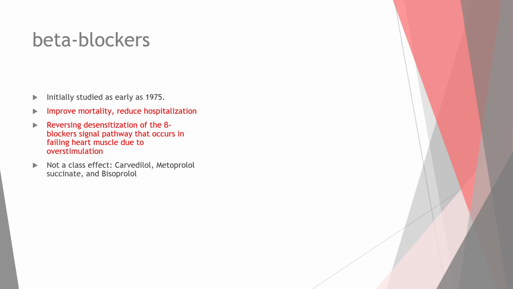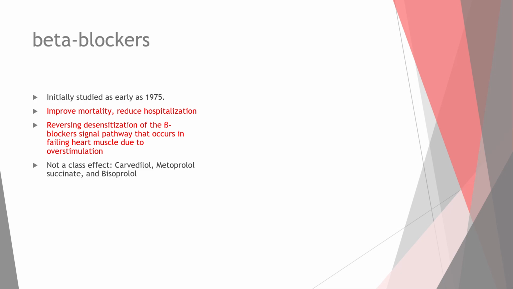So what are some of the medications we utilize for heart failure? As we discussed in the previous lecture, beta blockers, which were initially studied in the early 1975s, improve mortality and reduce hospitalization, reversing the desensitization of the beta receptor signaling pathway that occurs in a failing heart muscle due to overstimulation.